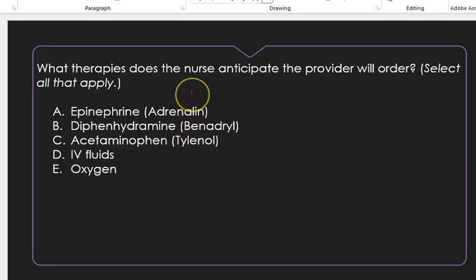What therapies does the nurse anticipate the provider will order? So, epi, Benadryl, IV fluids, and oxygen. If the reaction is severe, the provider may order the first-line drug, epinephrine. Antihistamines such as Benadryl are second-line drugs and are usually given for angioedema and hives.